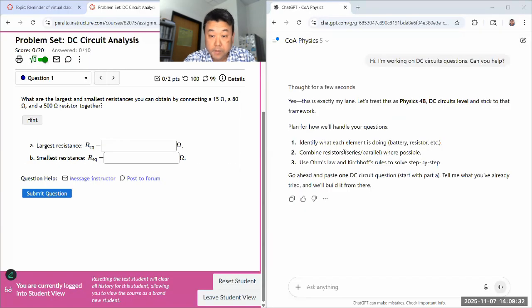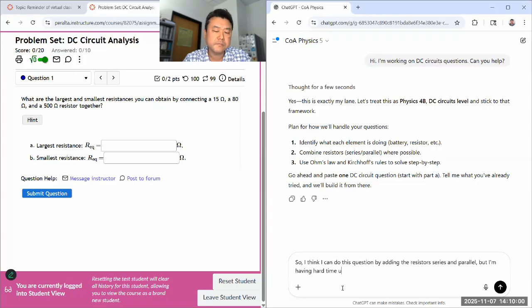Let me ask it this way. Wait, let's stick to the framework. I don't see anything objectionable. So I think I can do this question by adding the resistors in series and parallel, but I'm having a hard time understanding why that is.